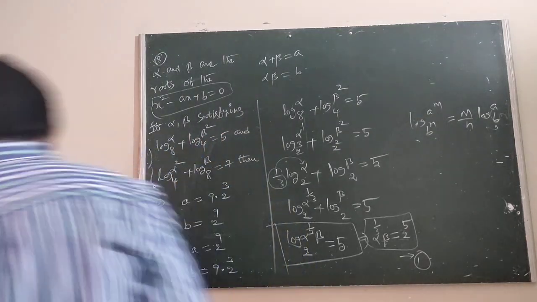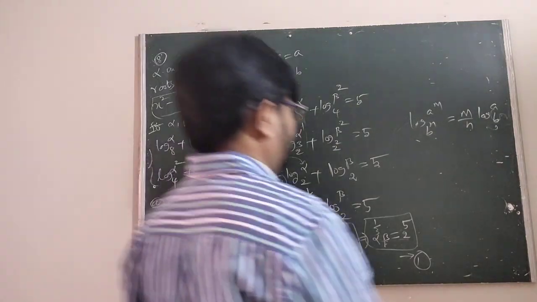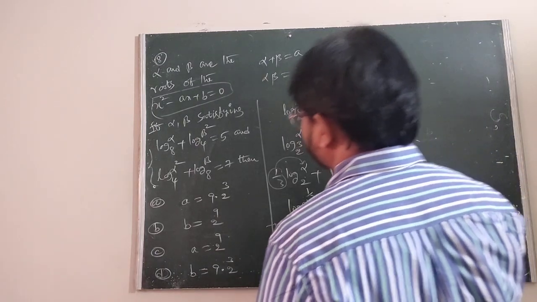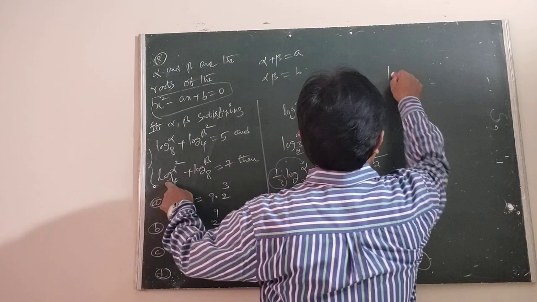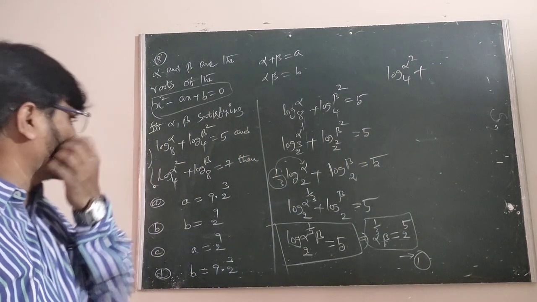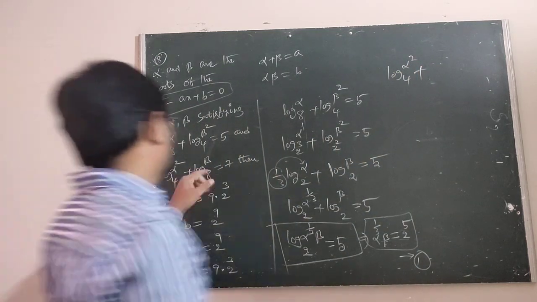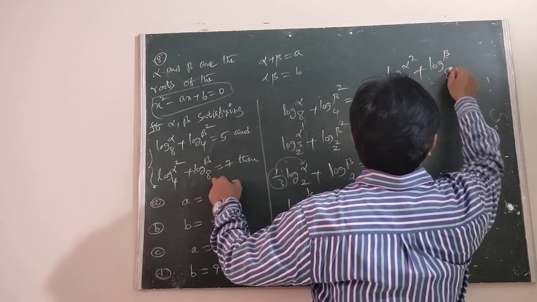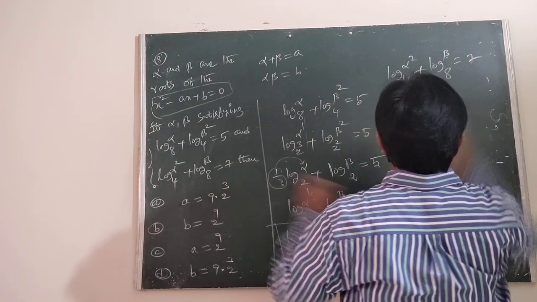Now we take the other condition. What is the second condition given? The second condition is log of alpha square base 4 plus log beta base 8 equals 7.